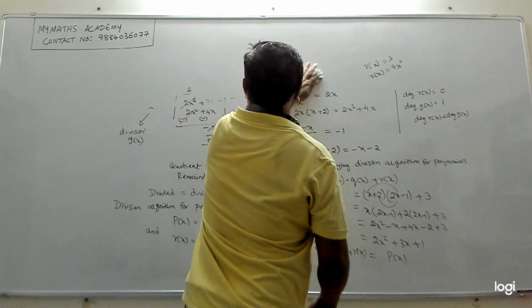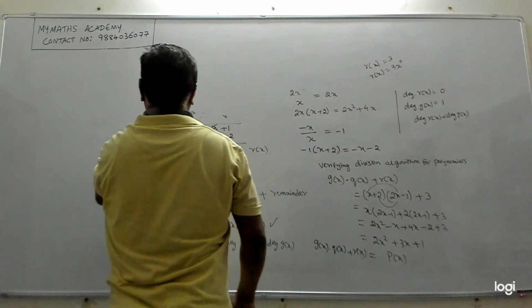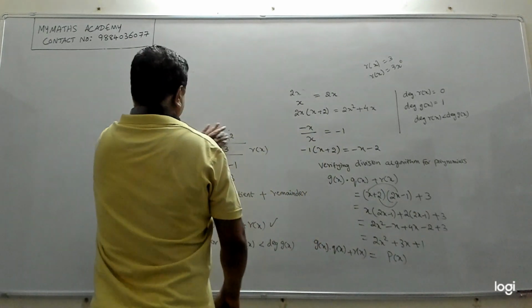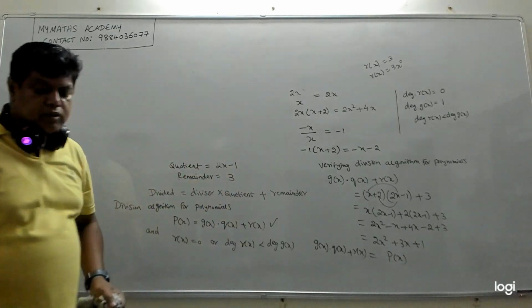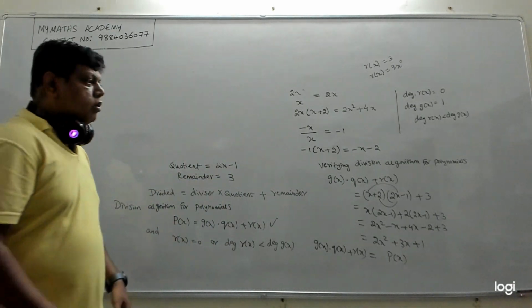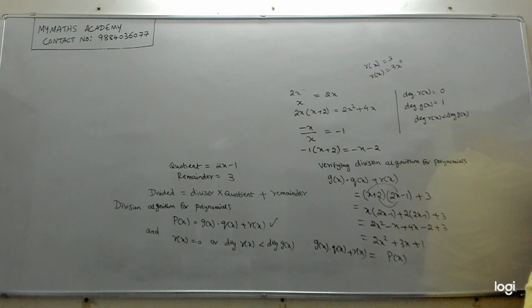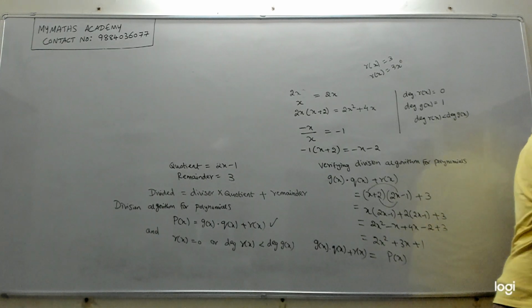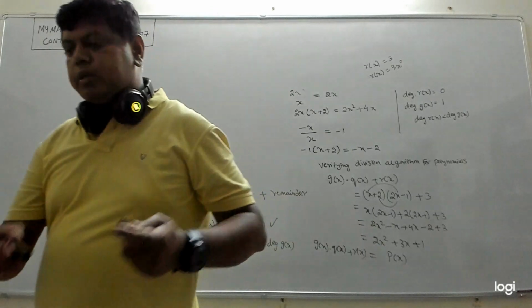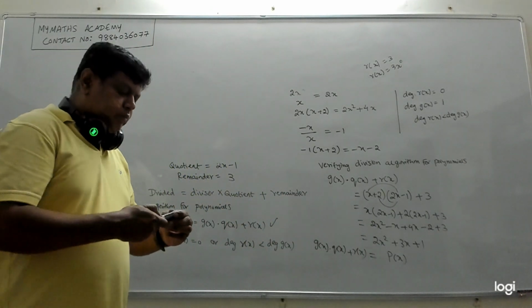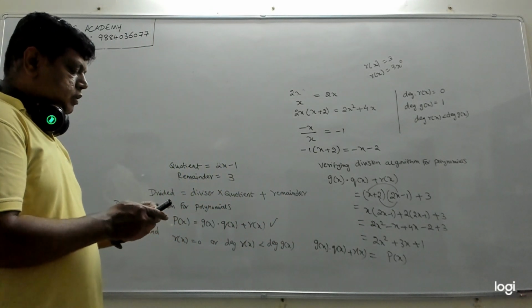Example 8 is also the same thing, but it looks a little bigger than example 6. So I am doing example 8 now. I will just change the marker. Just give me a minute. Taking a new marker.